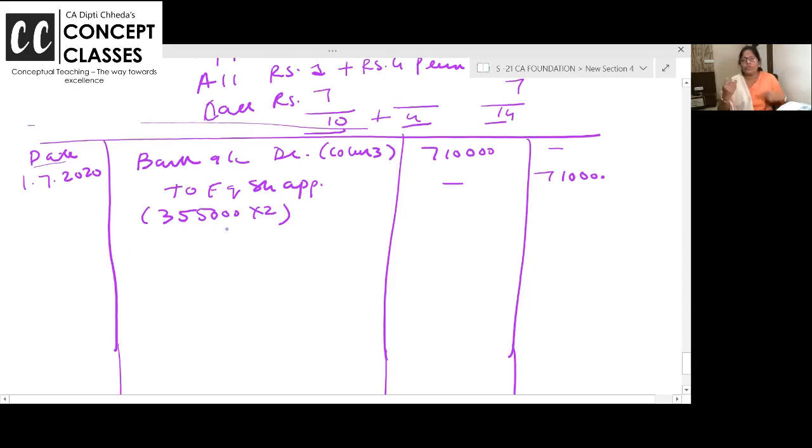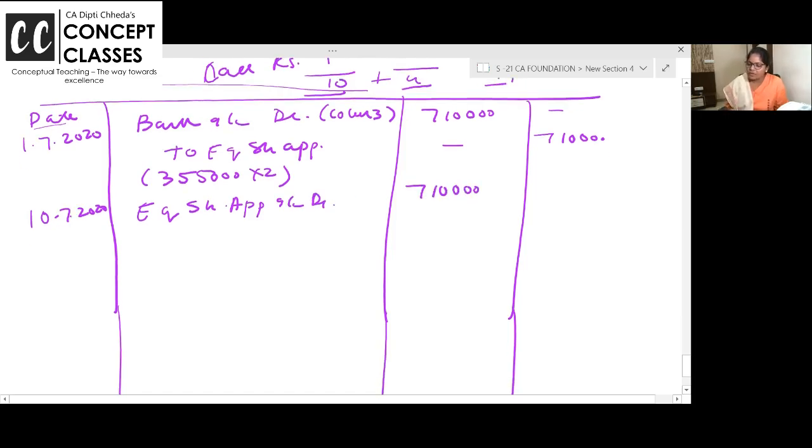On 3,55,000 shares, 2 rupees has come. Total 3,55,000 shares, 2 rupees each has come. And column 3 also, how much application is received. Allotment was made on 20th July. So now, equity share application account debit 7,10,000, to equity share capital account.